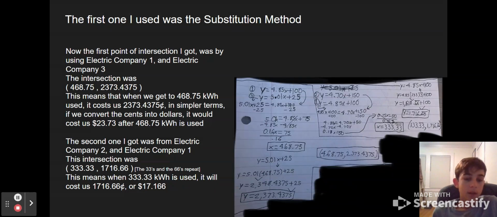This means that when 333.33 repeating kilowatt hours is used, it will cost us 1,716.66 repeating cents, or $17.16.